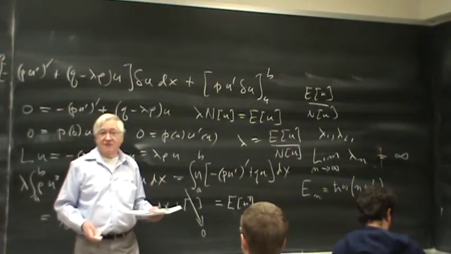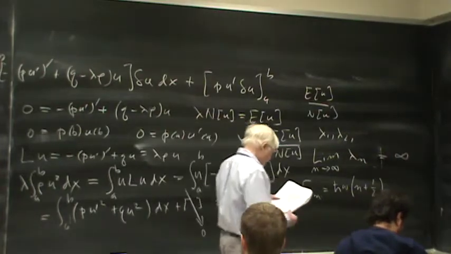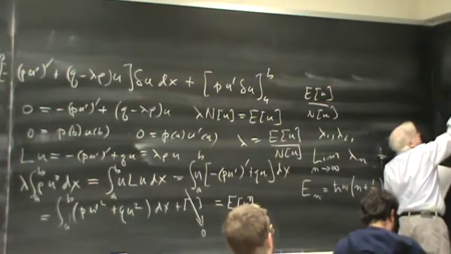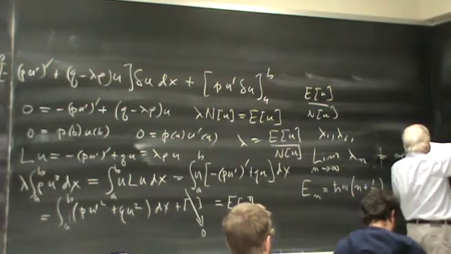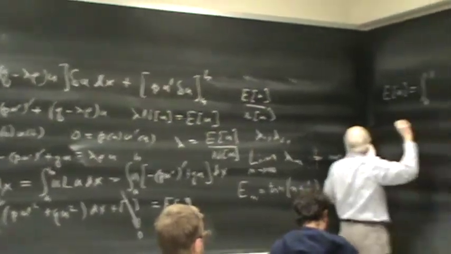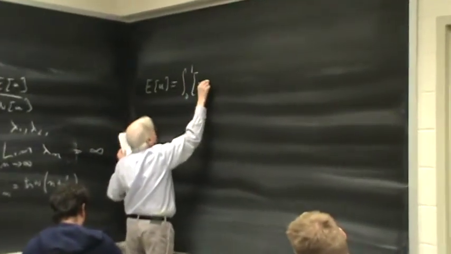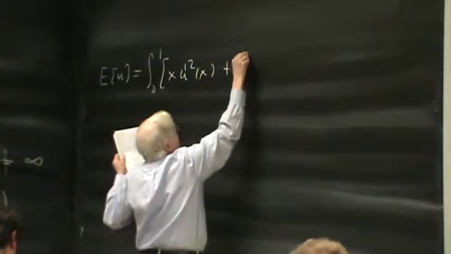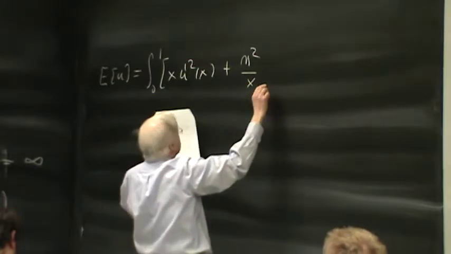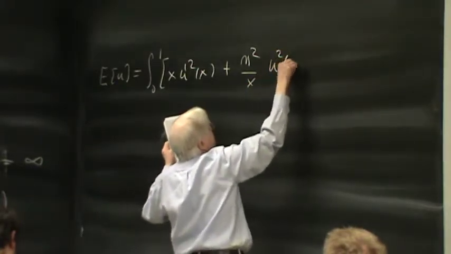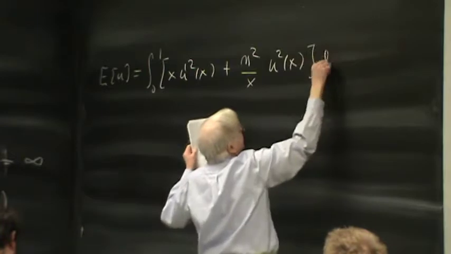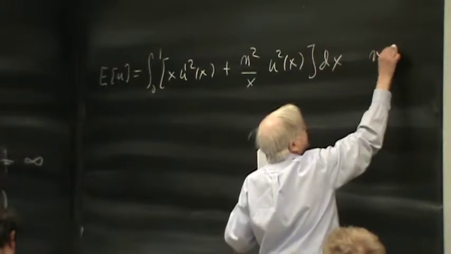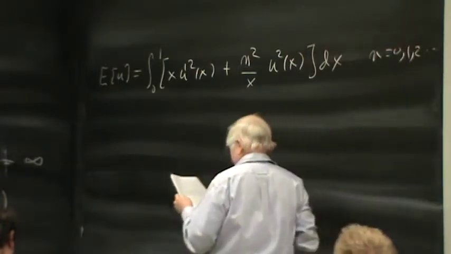All right, so let's do the Bessel system, which is actually a good choice. E of u is an integral from 0 to 1 of x u prime squared of x plus n squared over x u squared of x dx, where n is an integer, n equals 0, 1, 2, and so forth.